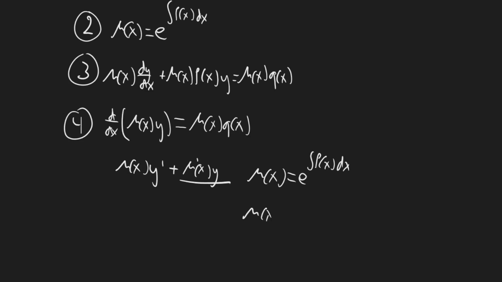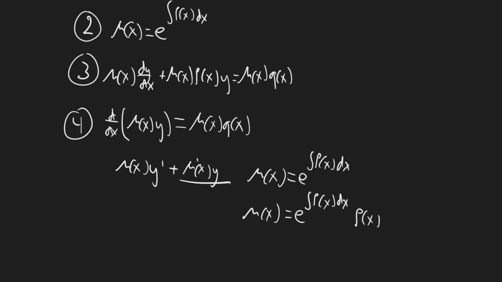So mu prime of x equals e to the integral p of x dx times the derivative of the exponent, which is the derivative of an integral, which is p of x.